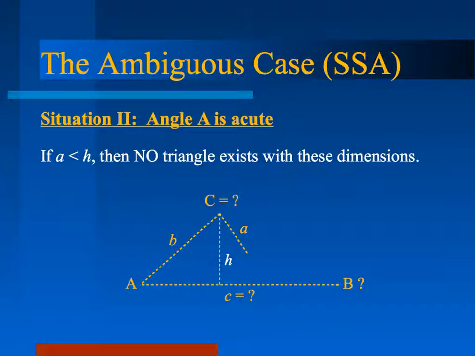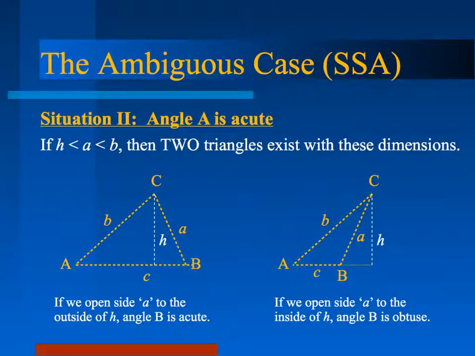It just kind of swings back and forth. If little a is in between the height and the length of b, I have two triangles, and I have to find all the measurements for both triangles.